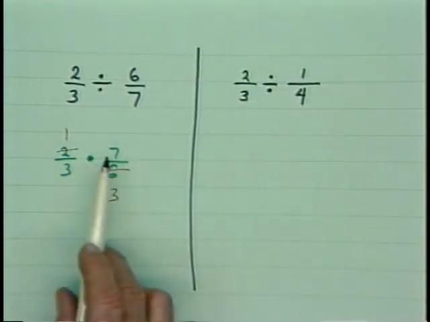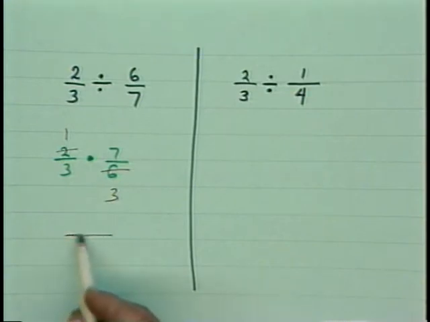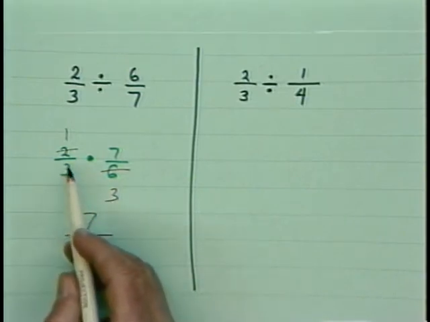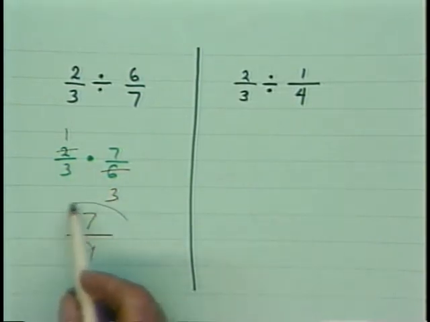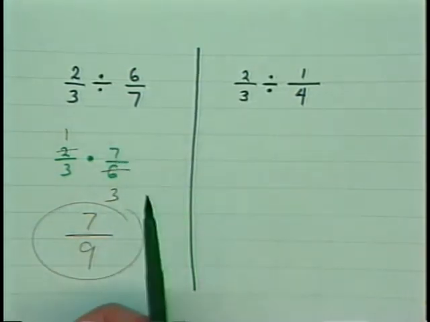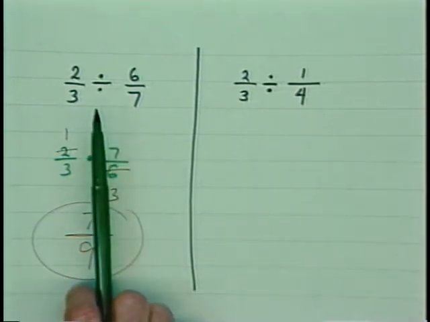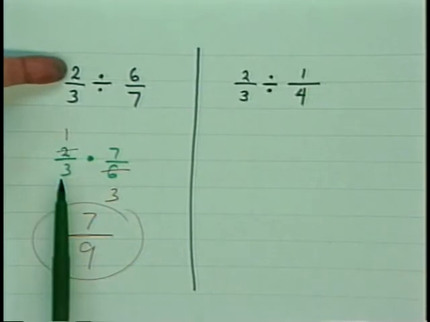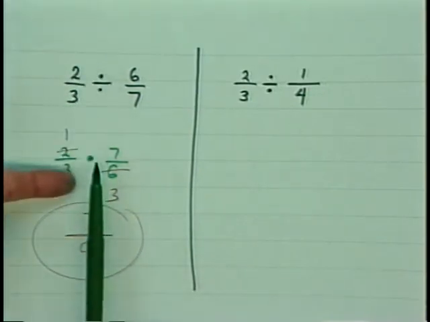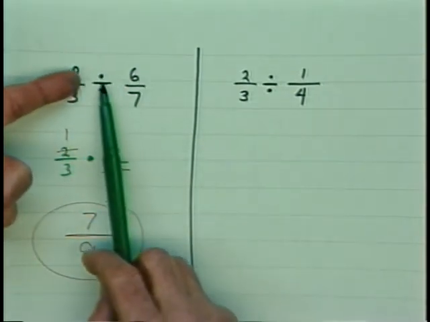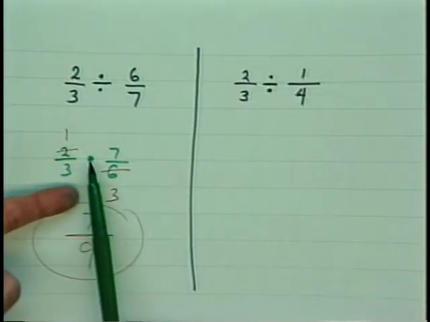When there is no more cancellation possible, you know that the product will be reduced before you even start it. So my answer, 7/9.